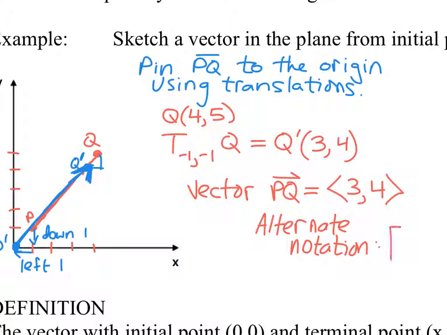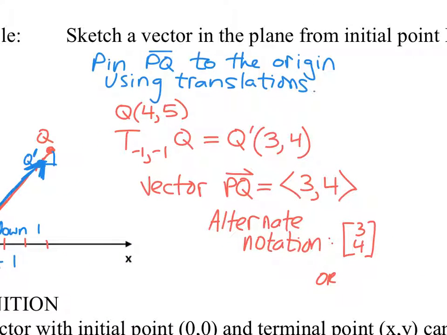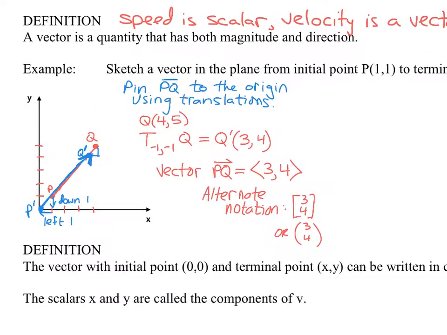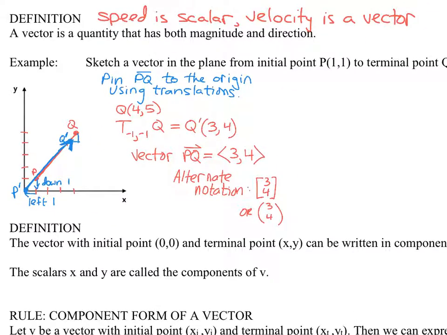You might see hard brackets 3/4, or you might see even curved brackets 3/4. They mean the same thing. I don't plan on using that notation in this class, but if you take linear algebra next semester, you're going to learn about vectors again, fun fact.